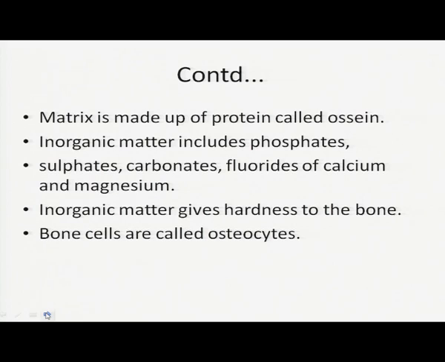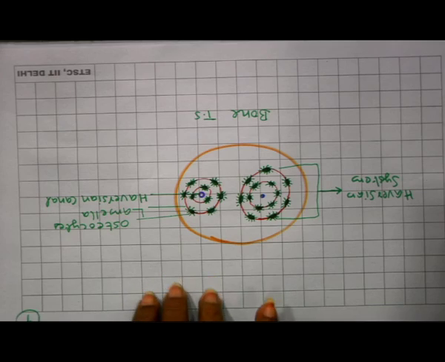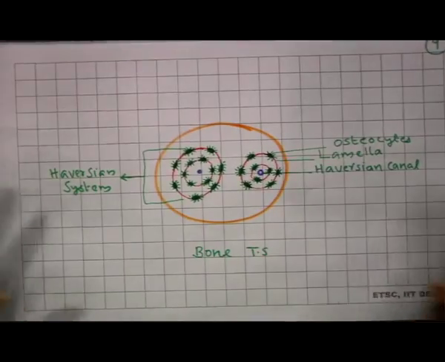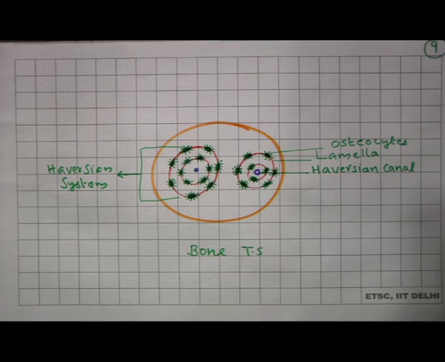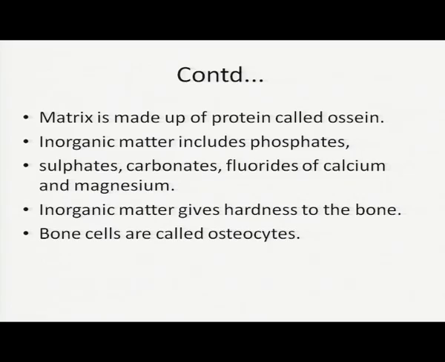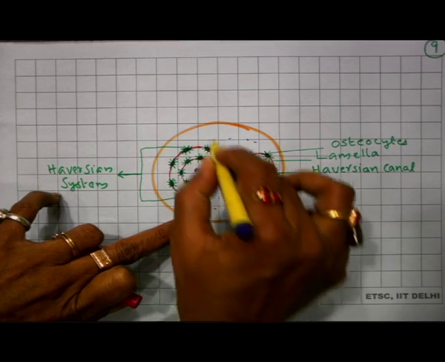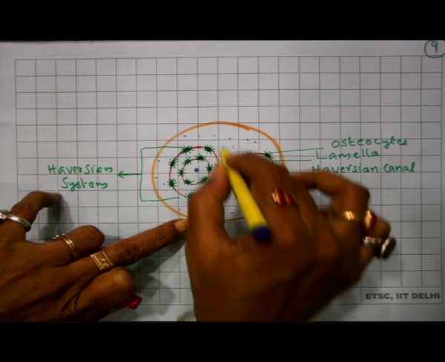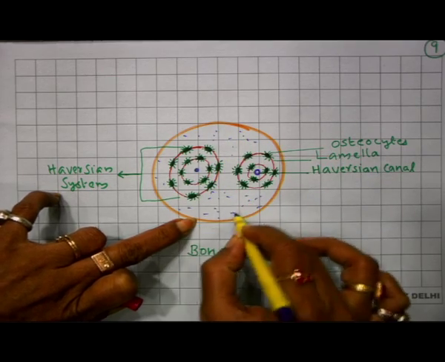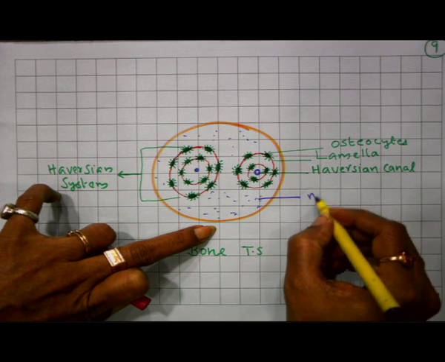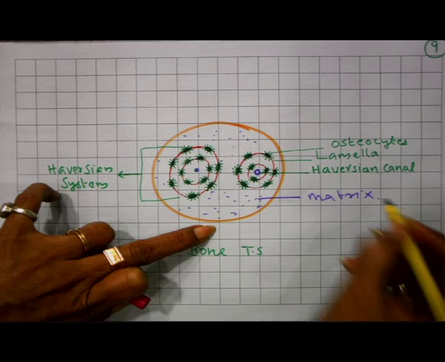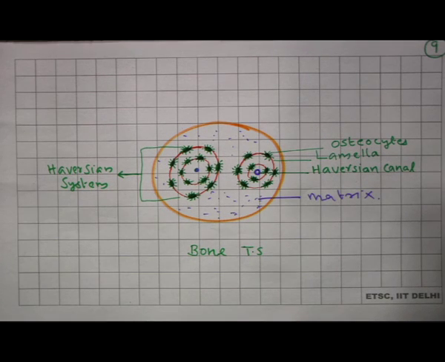Now, you can see the diagram of the bone here. The matrix is made up of protein, and that protein is ossein in the case of bones.